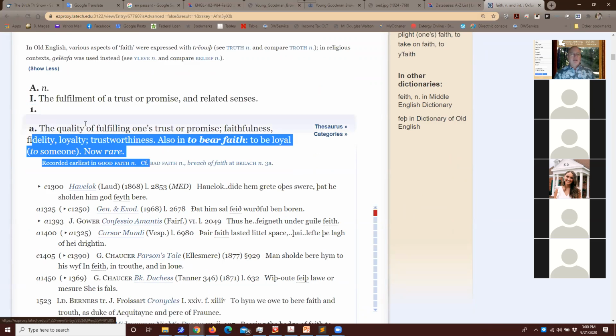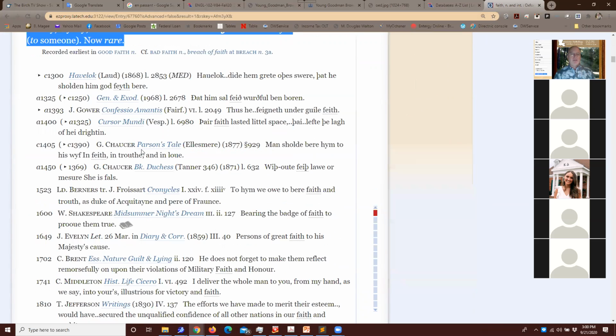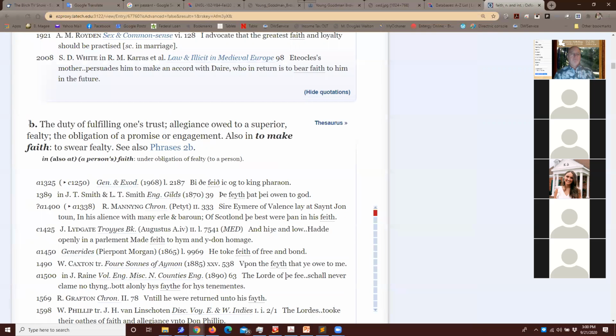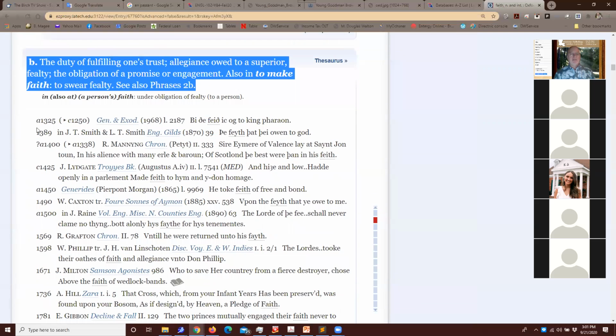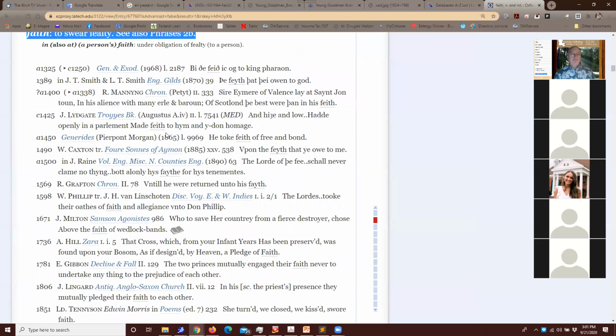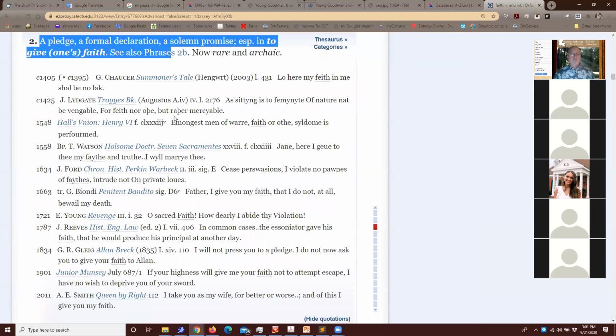Here's fulfilling one's promise, loyalty, fidelity, trustworthiness, the duty to fulfill one's trust, allegiance to a superior, and then they start giving examples. That's what makes this so great. A pledge, a formal declaration, a solemn promise, as in to give one's faith.